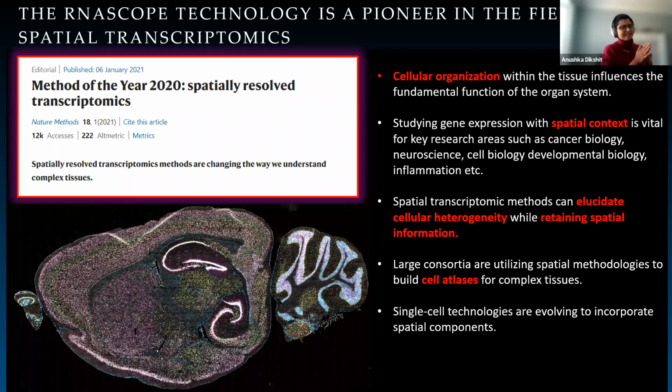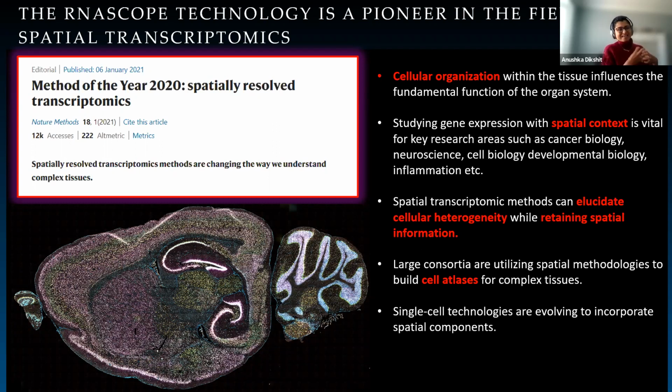By visualizing the spatial context of a target gene or protein expression, we can understand how these different cells are communicating with each other. And this is important not only for cancer research or neuroscience, but for a wide range of research and application areas. These include developmental biology, inflammation research, and so forth.